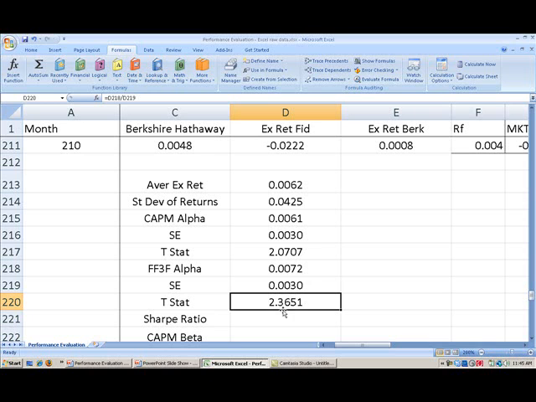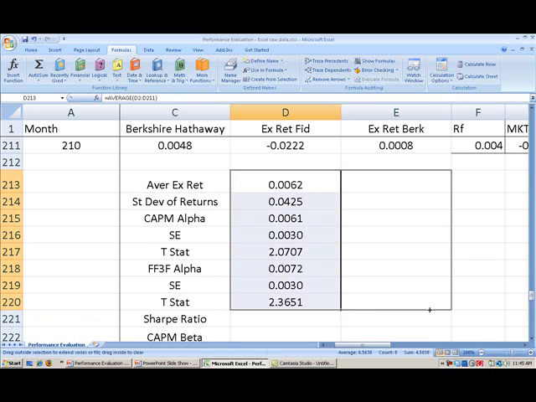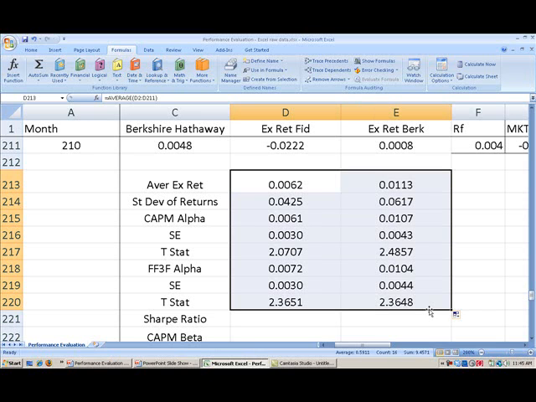What about Berkshire Hathaway? To look at Berkshire Hathaway, we can just copy all our formulas across. So let's select all the cells and then copy across. And everything has been recalculated automatically for Berkshire. And what can we see here?